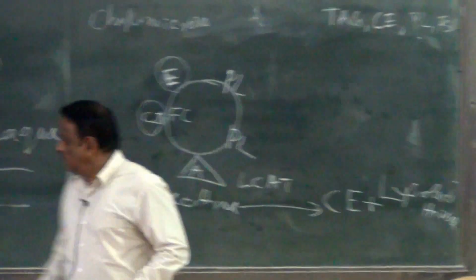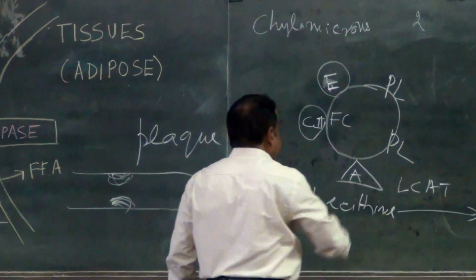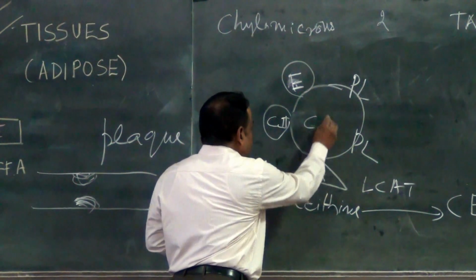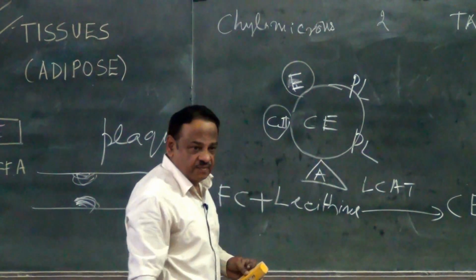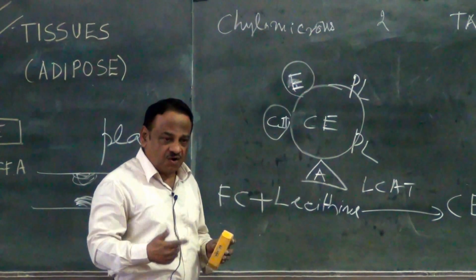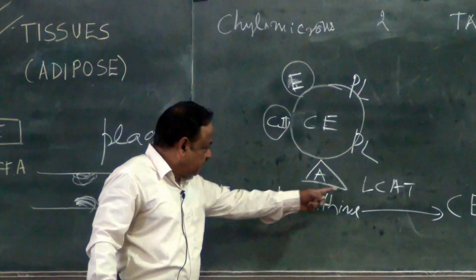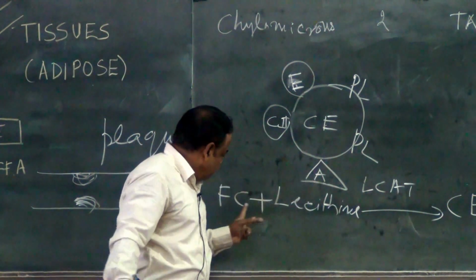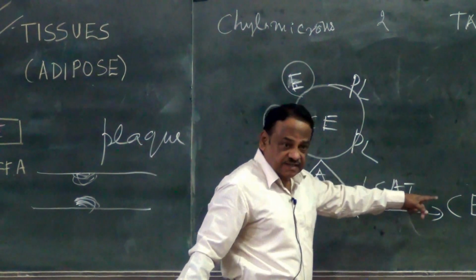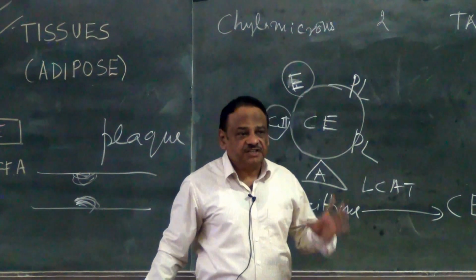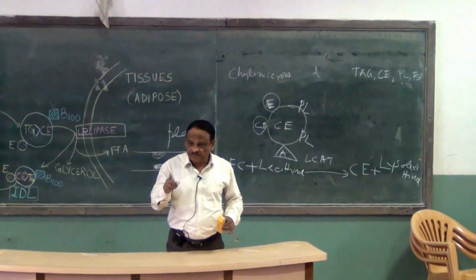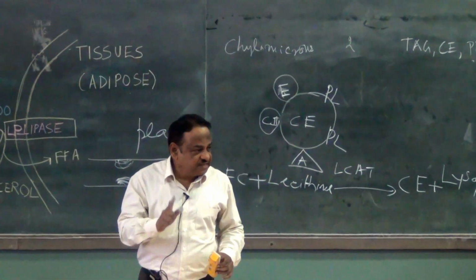So now what has happened? This HDL contains more of cholesterol ester. So the HDL first formed goes on taking cholesterol, then with the help of this enzyme, free cholesterol and lecithin help in the formation of cholesterol ester. So the first formed HDL is known as HDL3.